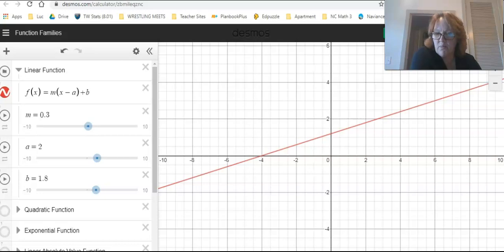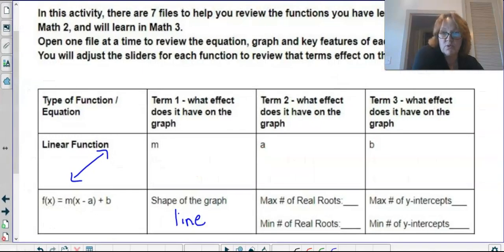So the maximum number of real roots would actually be infinity, because it could touch it everywhere. The minimum number of real roots is at least going to have 1. Okay. Maximum number of y-intercepts, it could have an infinite number of y-intercepts if it's a vertical line, right? It's a vertical line, it's not a function, but anyway. Minimum number of y-intercepts, it's always going to have at least 1. So anyway, that's what that looks like.